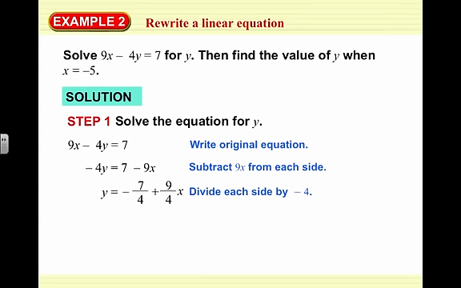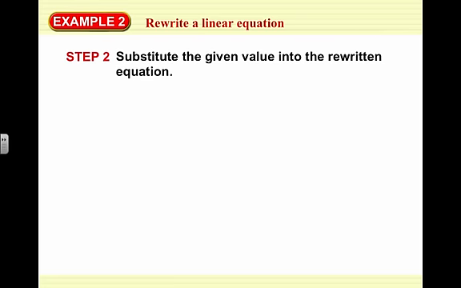And so we get y equals, we're going to do our division term by term. 7 divided by negative 4 gives us negative 7/4. And then negative 9 divided by negative 4 gives us plus 9/4, and then the x. And so that is one of our answers right there. The other answer is going to come from substituting the given value into the rewritten equation.